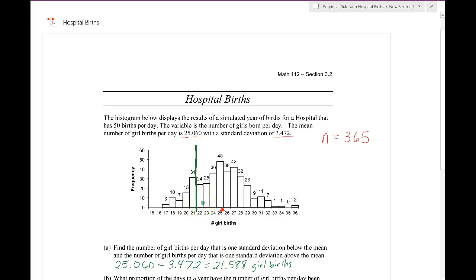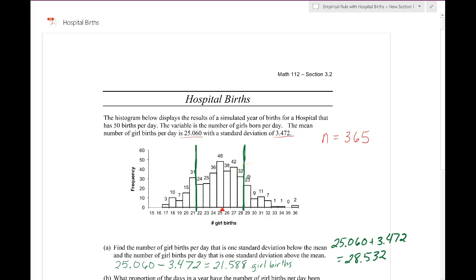And if I take the same equation but go above the mean, I get 25.060 plus 3.472, which gives me 28.532 girl births. That's above 28 but less than 29, so that gives me my upper fence right about there.